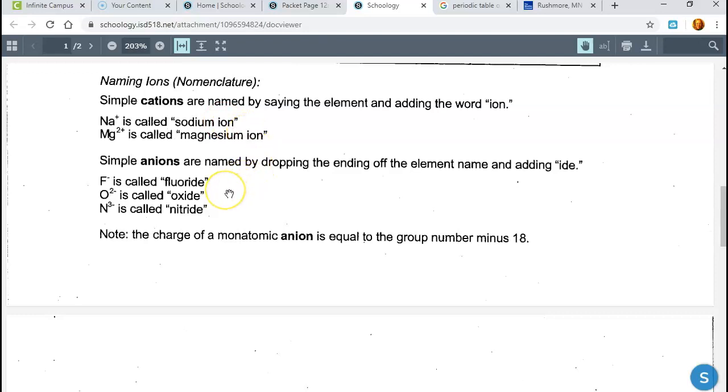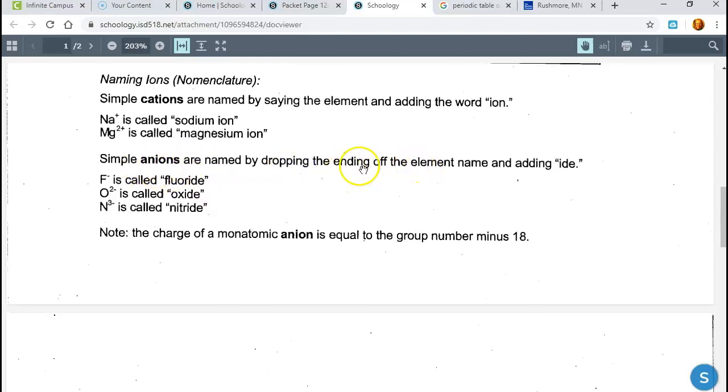Now the nonmetals do something a little different. We're going to change their ending, okay? So the anions, we drop the ending off the element and we add this different piece, IDE, okay? And you're going to notice that you've heard a lot of these words before, okay? So like letter F is fluorine, but when it gains an extra electron, we call it fluoride with that IDE ending on the end.